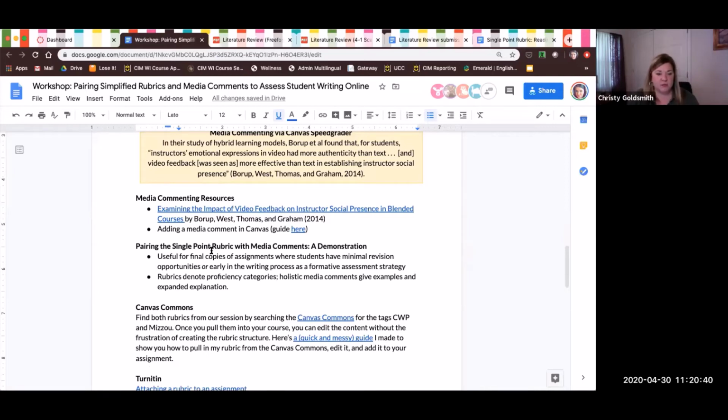So what I think is really useful is that we can use the media comment, so the audio or video comment, to provide a sort of holistic feedback piece to them. So we can read through the document, then we can click on the elements of the rubric to grade the document. So I can click kudos, I can click concerns, and then rather than typing in every box of the rubric, that can get very tedious, I can then just leave a voice comment and say, I noticed you did this really well.